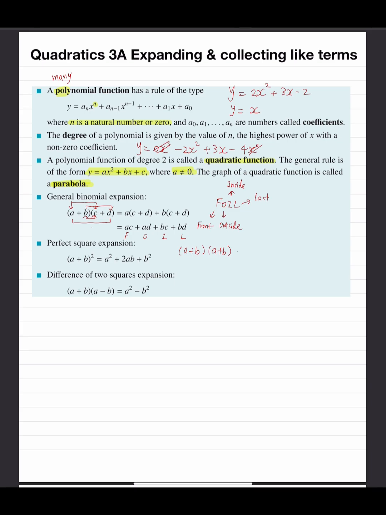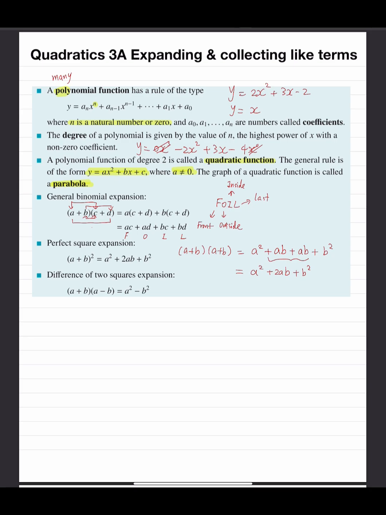So in this case, we're using FOIL, we get a squared plus the outside, which is ab, plus the inside, which is ba, we write ab as well. And then we have the last, which is b squared. The middle two, we can collect the like terms into 2ab plus b squared. So this is, in fact, the formula of the perfect square expansion.